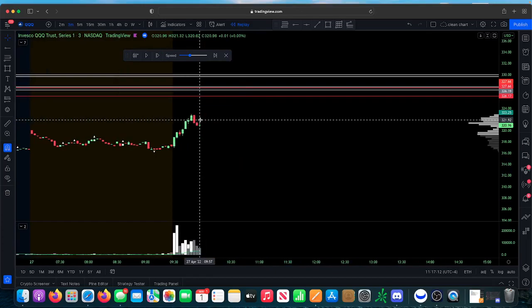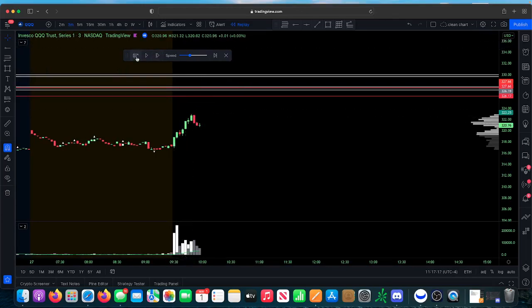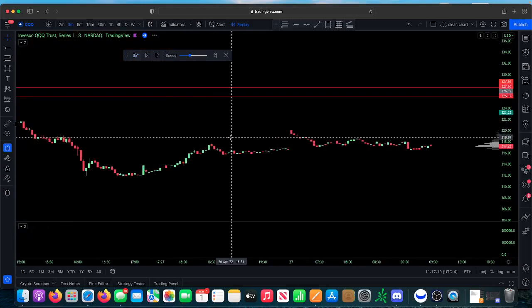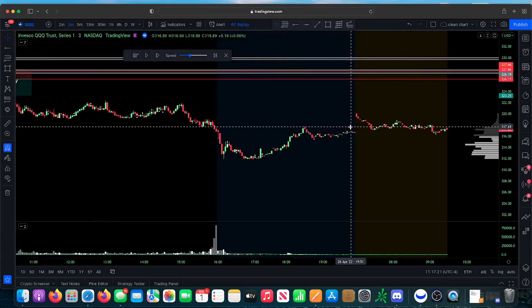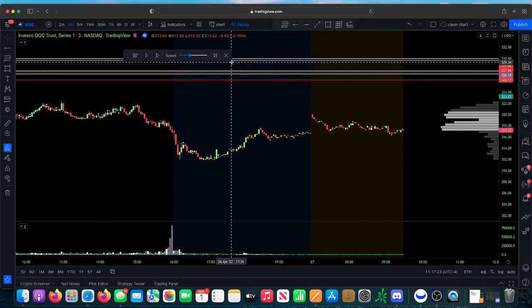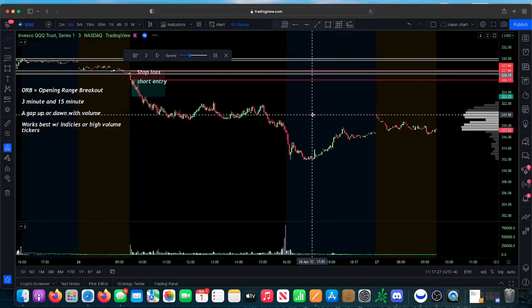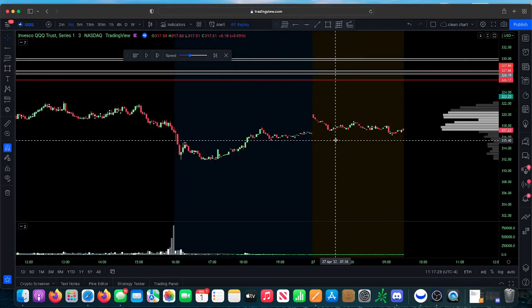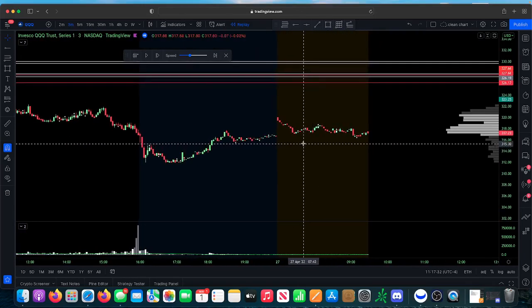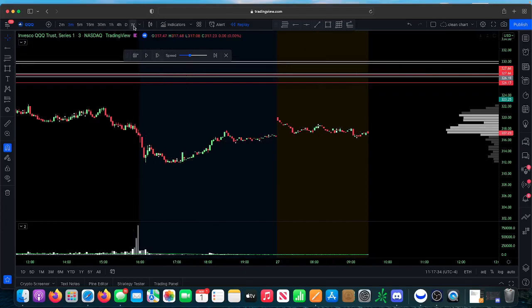All right. Let's go back to the 3. All right, so let's see. We did gap, so this would be a valid orb here. Let's mark our levels.